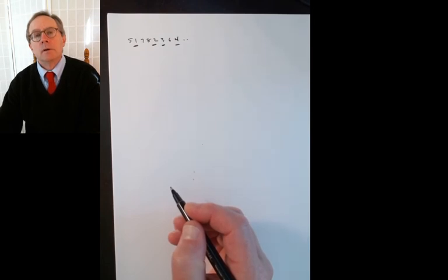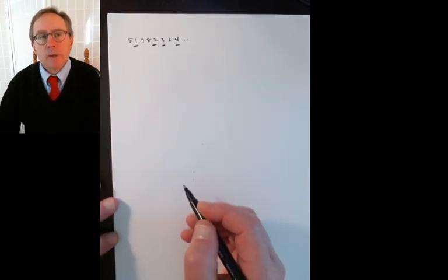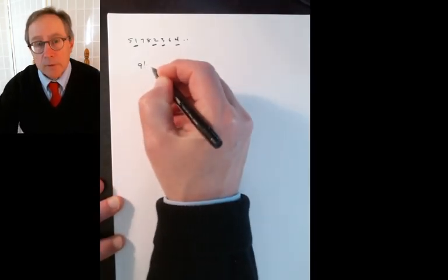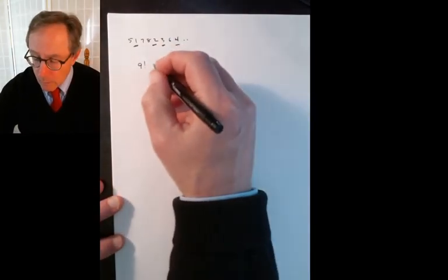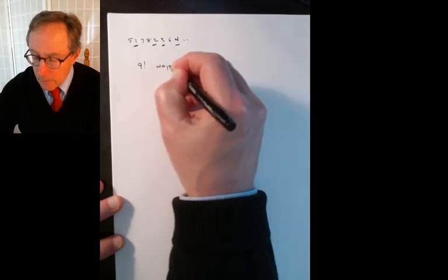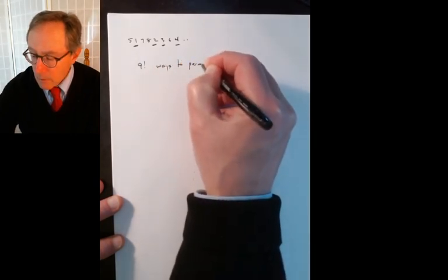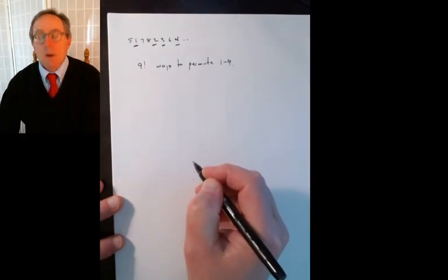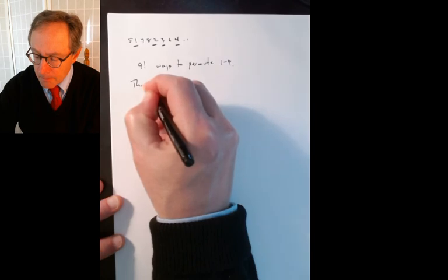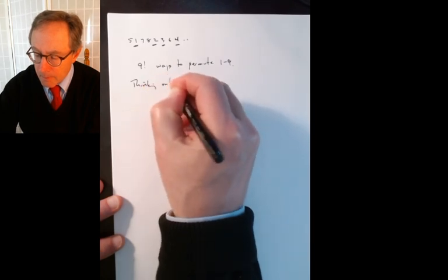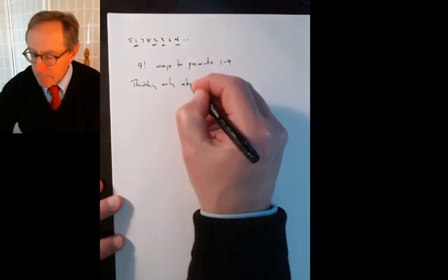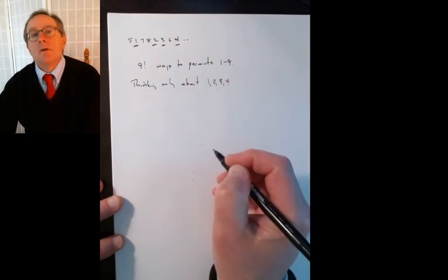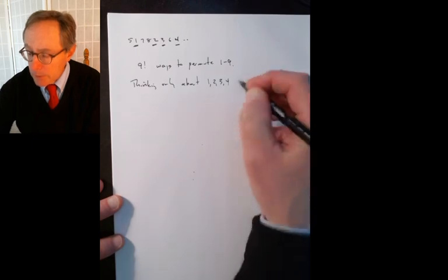Okay? Well, I would reason something like this. There are 9 factorial ways to permute the numbers 1 through 9. Thinking only about 1, 2, 3, and 4, there's going to be 4 factorial ways to permute them.